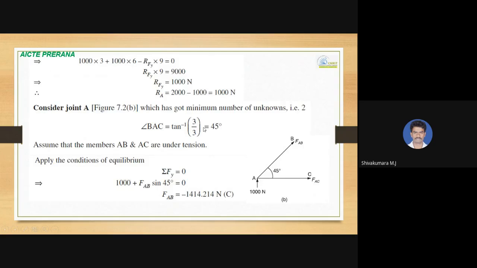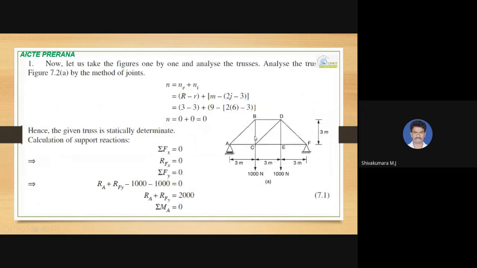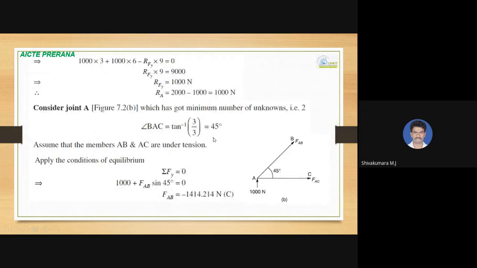How can we calculate this? 3 is vertically up and 3 over here. So tan theta equals opposite by adjacent, theta equals tan inverse of 3 divided by 3. If you do so, you get 45 degrees. And assume that members AB and AC are under tension. Let us start applying the conditions of equilibrium at this joint. Summation of Fy equal to 0, the first condition of equilibrium.